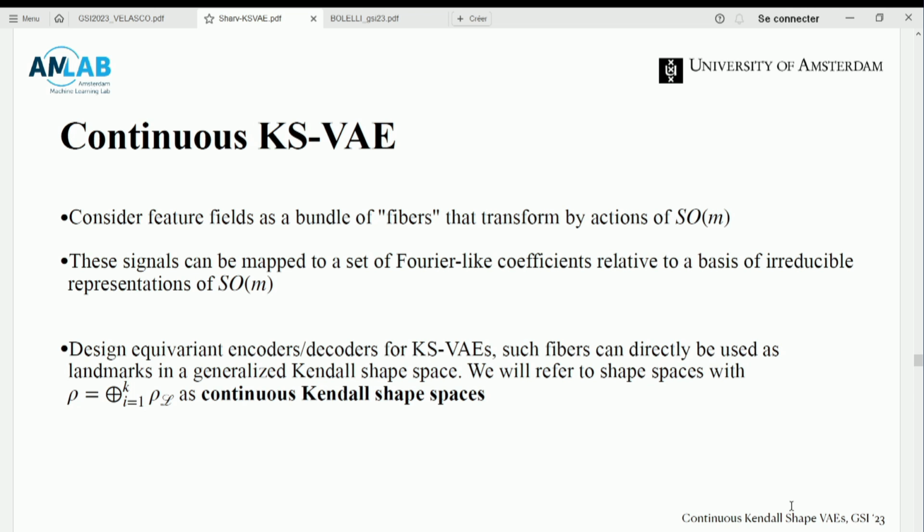There's no rule against that. Then we design equivariant encoders and decoders similar to what I spoke about in the Kendall-shape VAE part, such that these fibers can directly be used as landmarks themselves. So instead of having this discrete approach, we look at it as sort of mapping a spherical signal itself as a landmark.